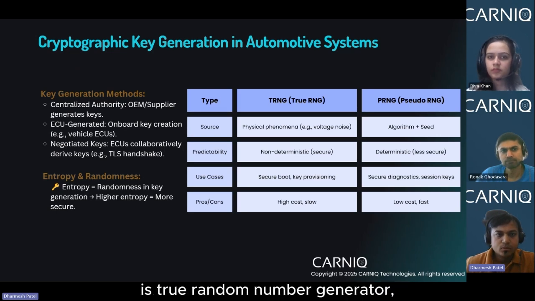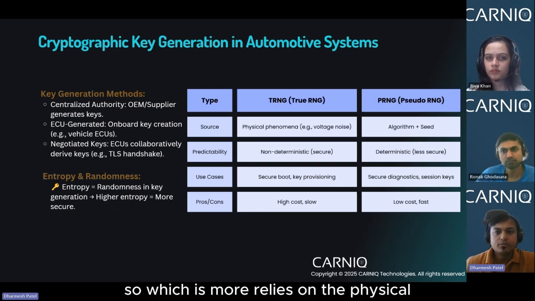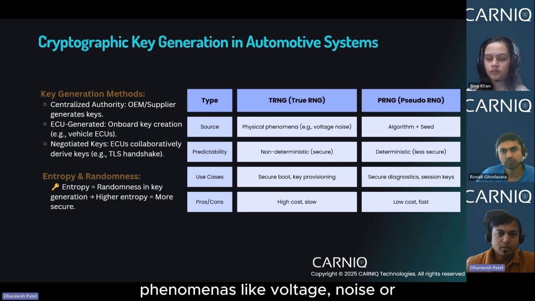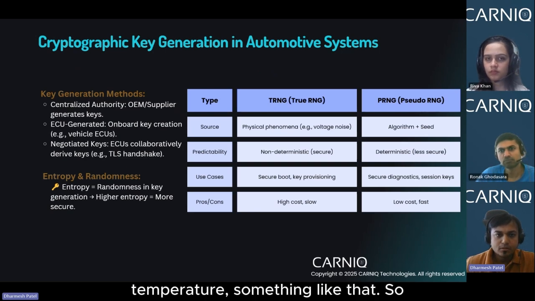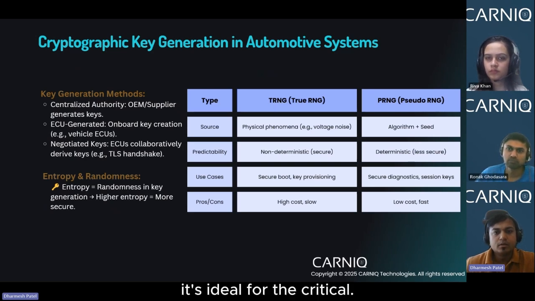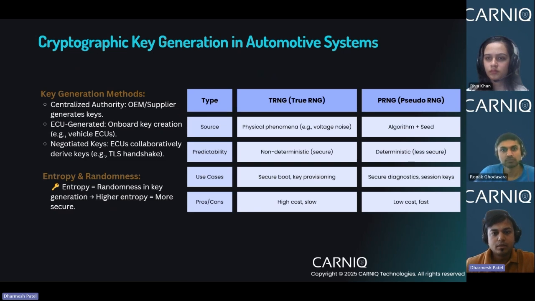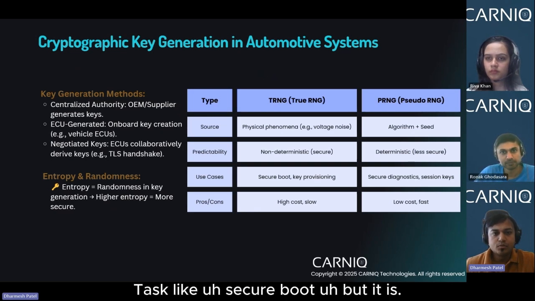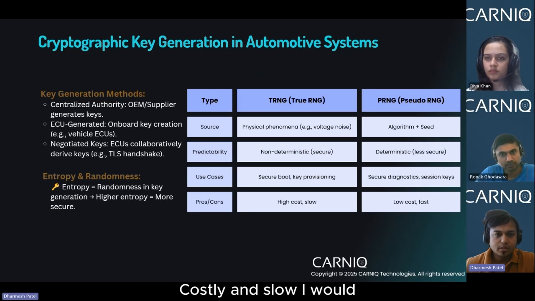One is the true random number generator, which relies on physical phenomena like voltage, noise, or temperature, making it non-deterministic and highly secure. It's ideal for critical tasks like secure boot, but it is costly and slow.